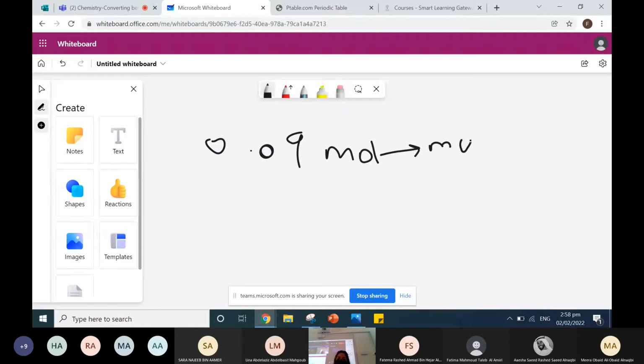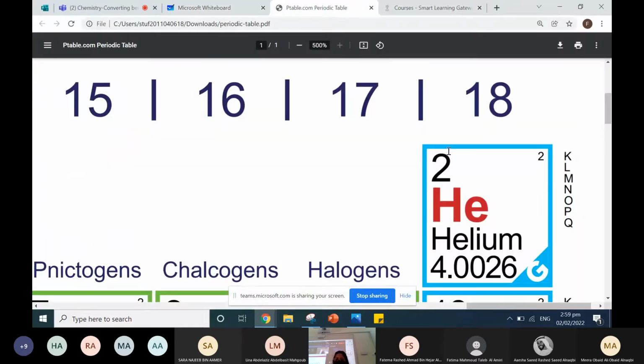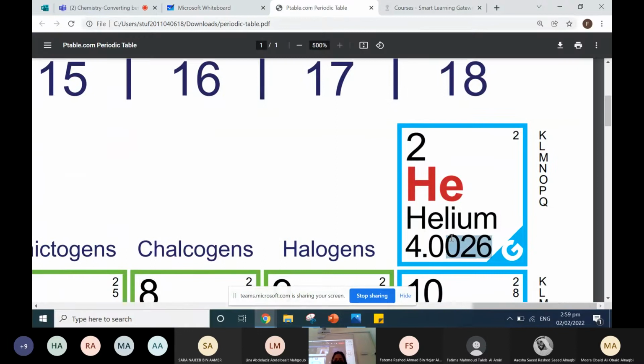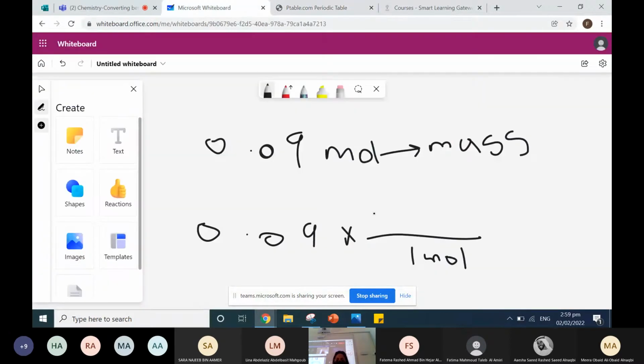Mass, so the mass is the unknown because we always put the unknown up and the given thing down. Times, what is the mass? Yes, this is mole. 1 mole is equal to how many grams of helium? So for that, you need to check the periodic table. Very good. This is the mass you used.